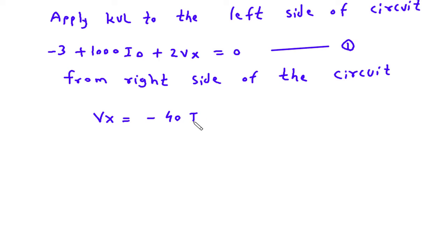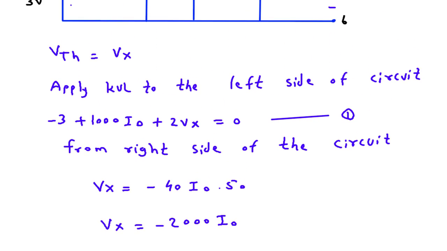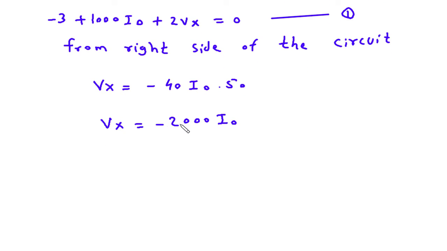So Vx is equal to minus 2000 IO. Now we will substitute the value of Vx in equation number 1.